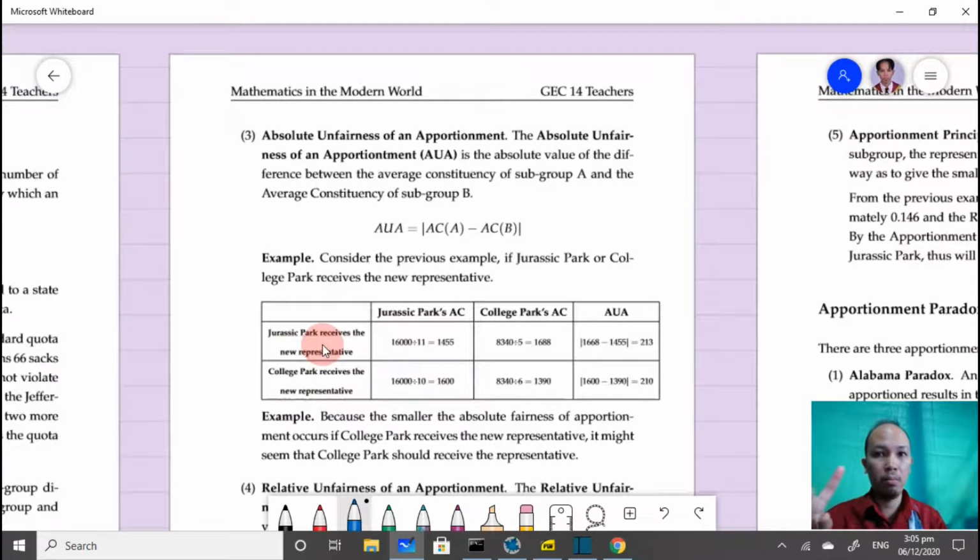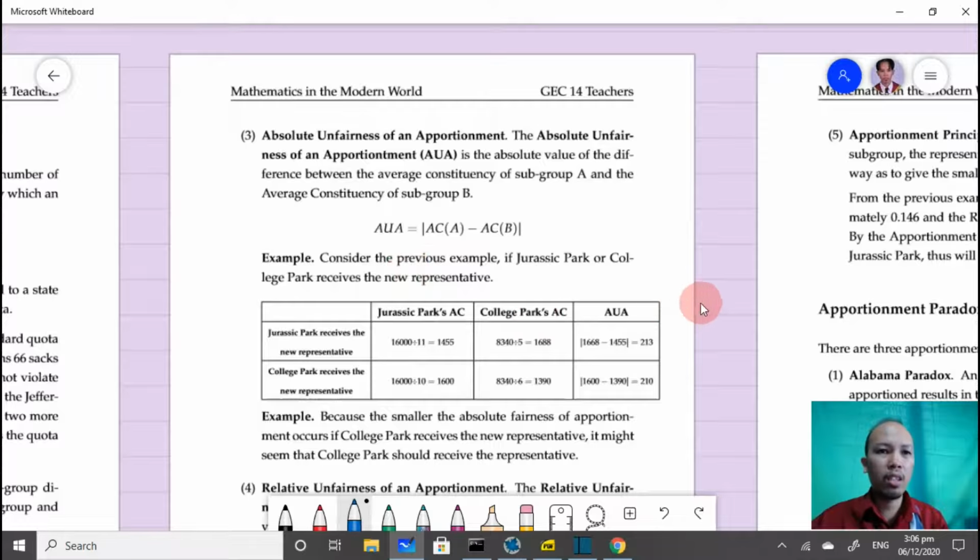The question is, which park is more deserving of the new representative? In other words, to be fair, which park should receive the new representative?